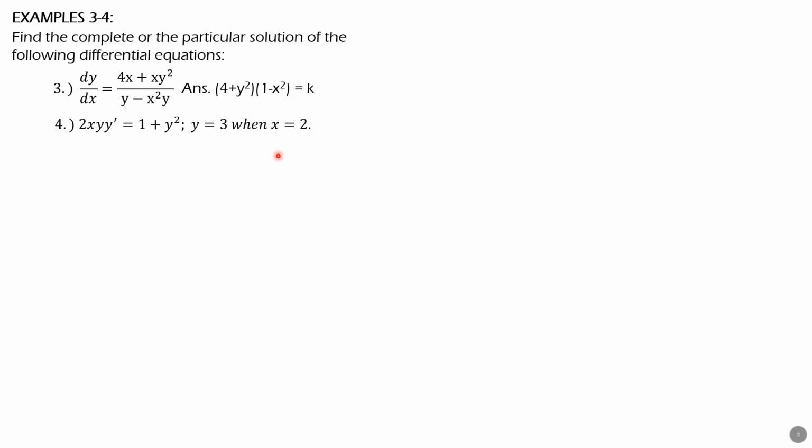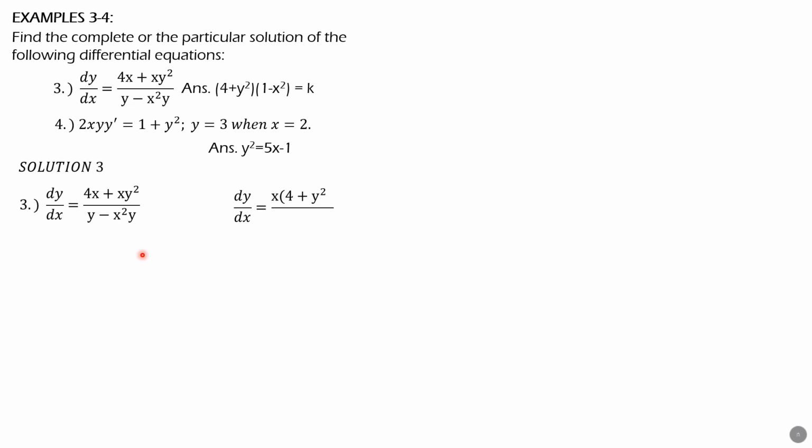So for the solution to problem 3, dy/dx equals (4x plus xy squared) over (y minus x squared y). In the numerator, let's factor out x. So we have dy/dx equals x times quantity (4 plus y squared) over, factoring out y in the denominator, y times quantity (1 minus x squared).